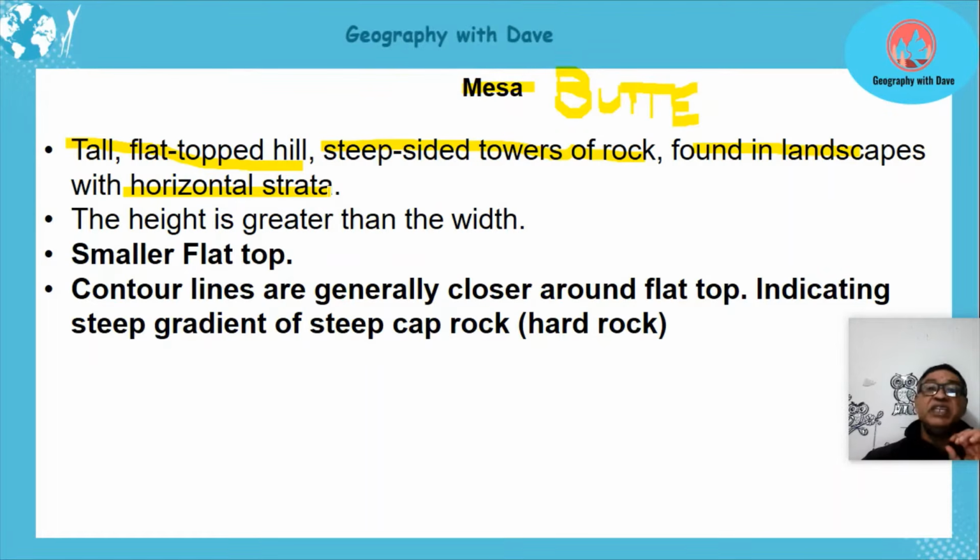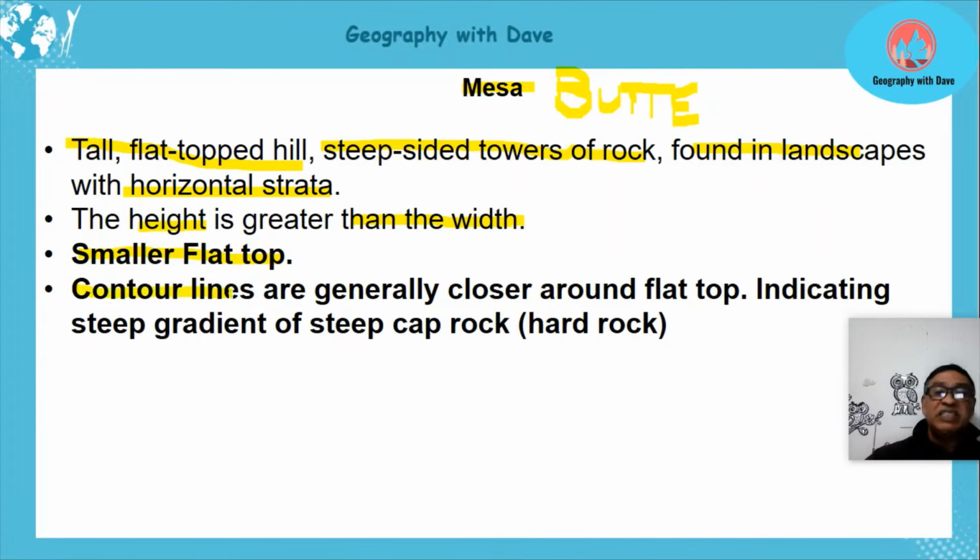You've done that in your geomorphology theory, but here the height is greater than the width. Okay, learners? Opposite now. Mesa, the width was greater than the height. Here, the height is greater than the width. And of course, it has a smaller flat top.